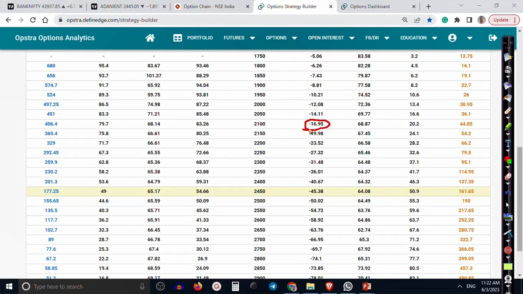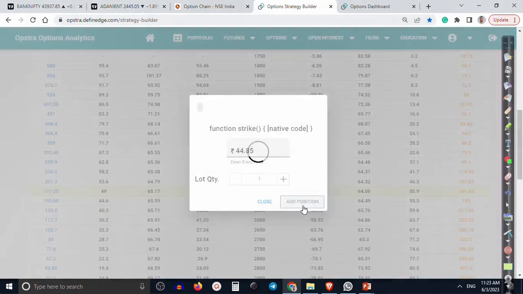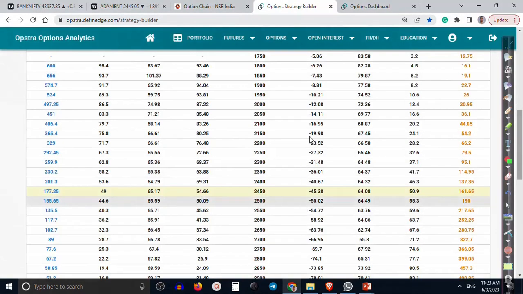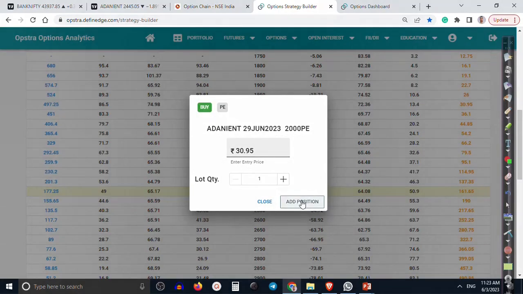Select this strike price first. Let me sell this one. I'm showing only one lot; it depends on your capital. Then we buy another strike one or two strikes higher to protect.